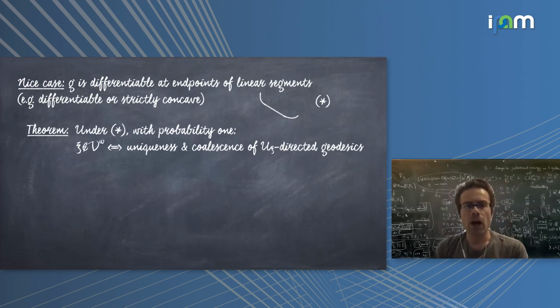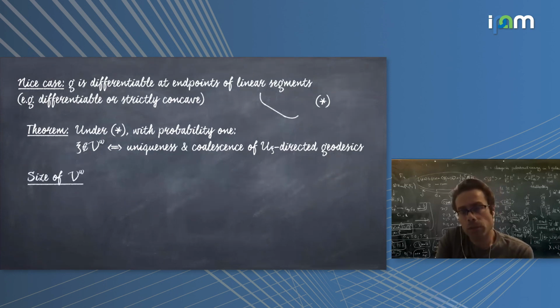But now, under this assumption, because you can squeeze geodesics between the xi plus and minus geodesics, you can extend this to saying that not being an exceptional direction means that there is uniqueness and coalescence of the geodesics directed in the facet that contains the xi. So you can think of the support of nu omega as the set of directions where there's a problem with uniqueness and coalescence.